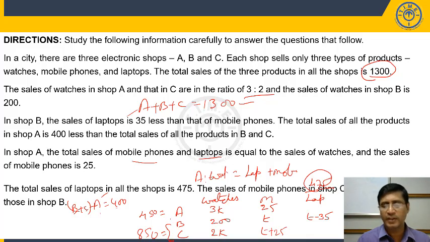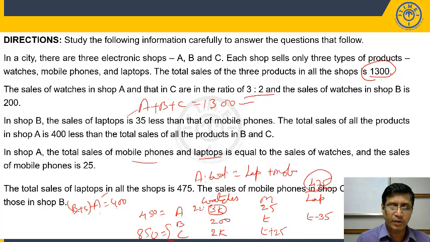The total number of A. Okay. Now what is the next point here? The number of watches in A is equal to the sum of the number of laptops and mobiles. Laptops and mobiles together is equal to watches, so divide this 450 into 2 equal parts. Here you will get 225.